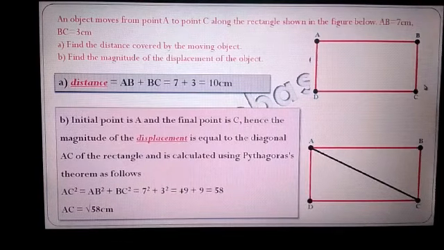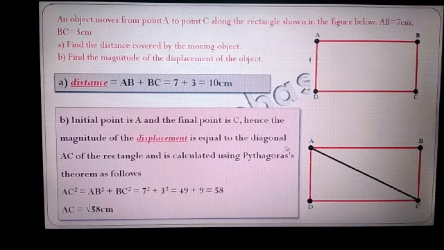But for displacement, we have to define initial point and final point. Here our initial point is A and the final point is C, and we have to find the difference between point C and point A. But we know that we cannot find the displacement using simple algebraic sum as we find distance. We have to use the vector law of addition, and for this we use the Pythagoras theorem.